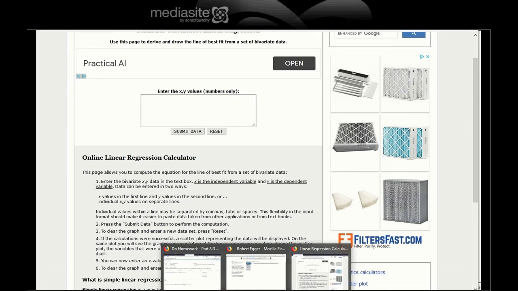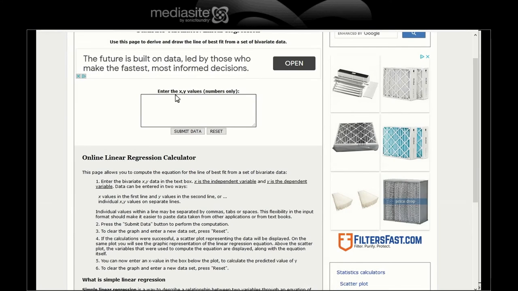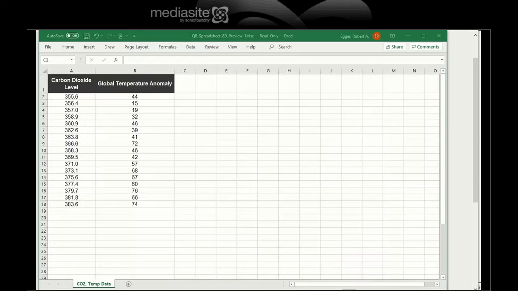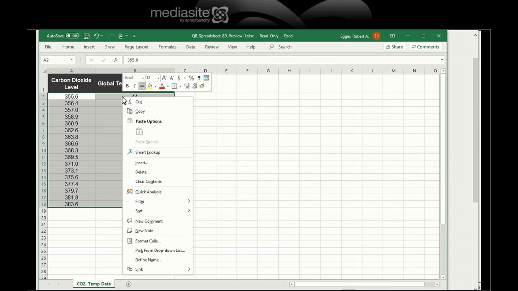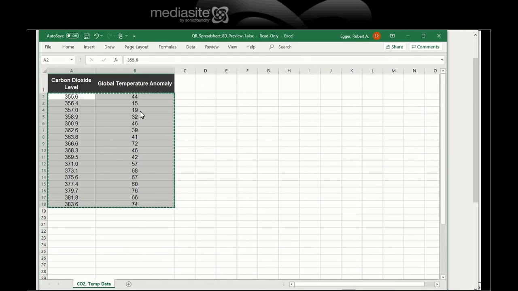So let's see. It wants XY values, so let's go to our Excel sheet and do a cut and paste. We'll leave this out because they don't want headers. Copy.